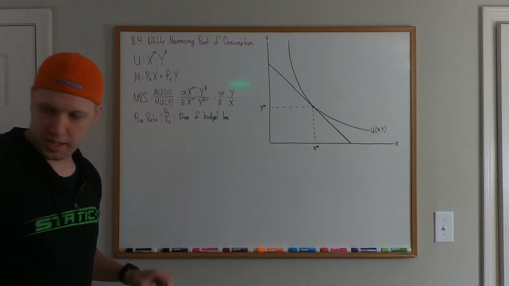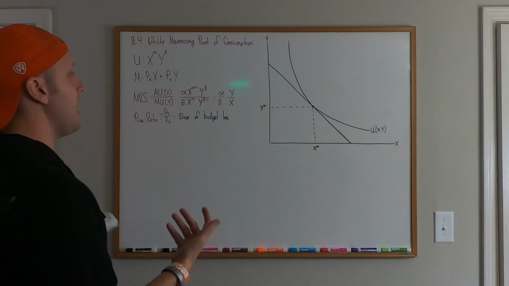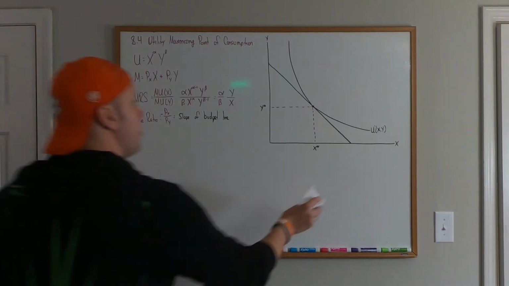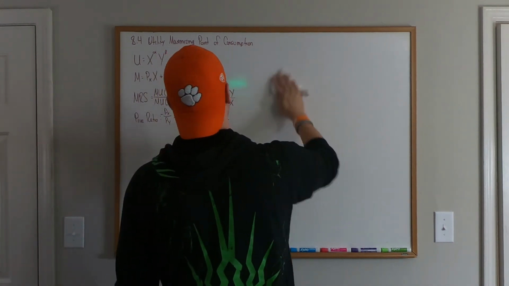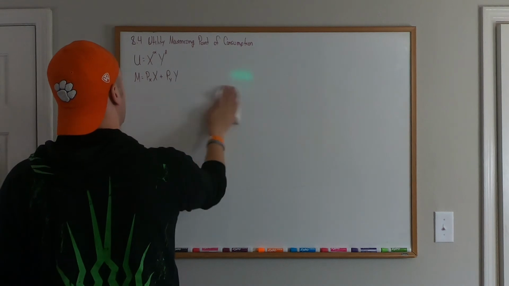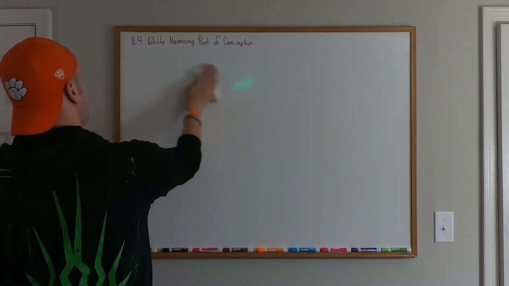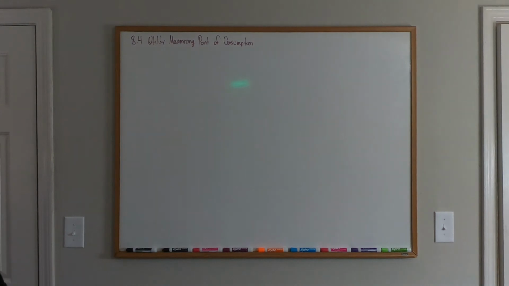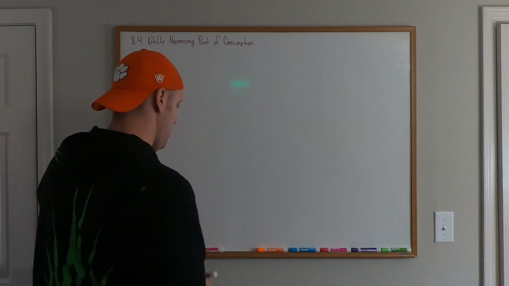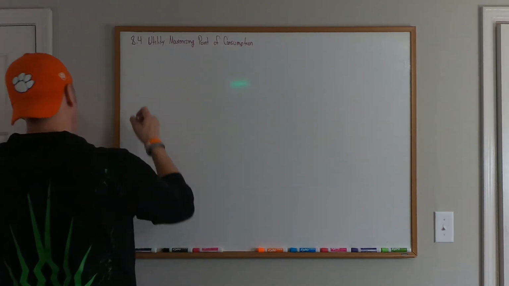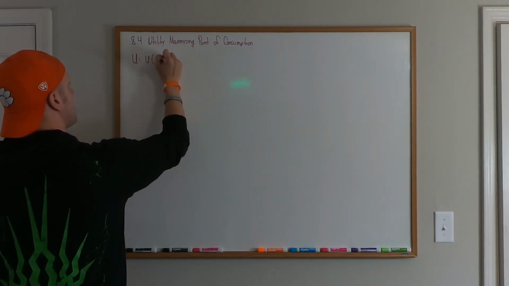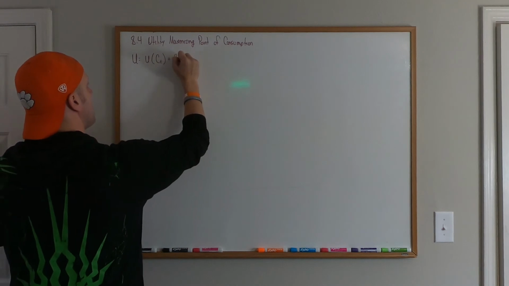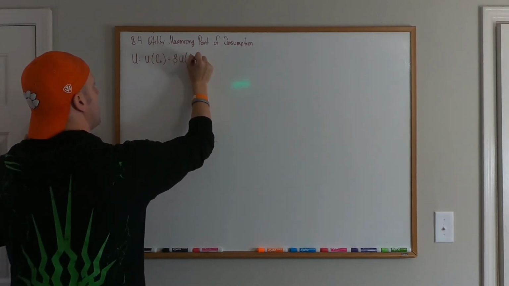But let's look for a second at really how not different this is if we have this in a dynamic framework. Here, utility is actually in a way easier because it's additively separable. So lifetime utility is the utility of current consumption plus beta times the utility of future consumption.